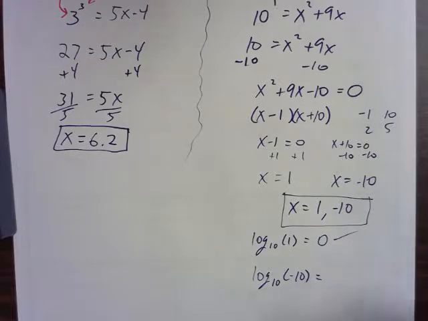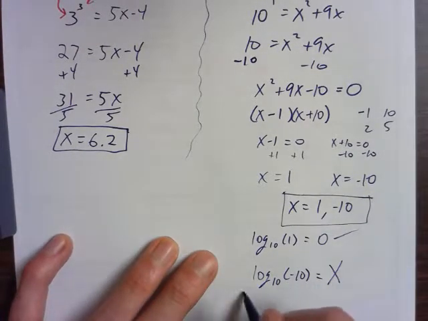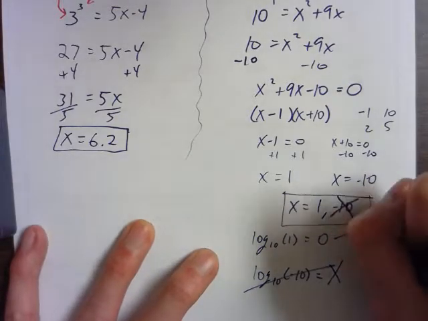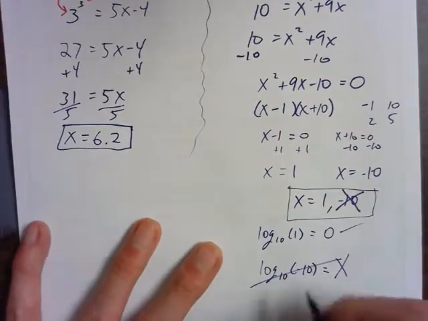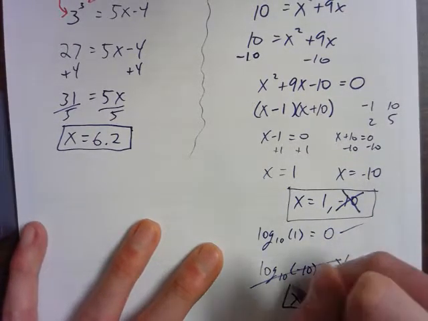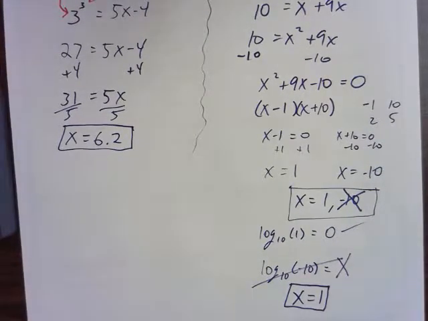There's nothing that I can put in an exponent above 10 to give me -10. So that being said, cross out my -10 up here. My only x value that works, and that is true, is x equals 1.